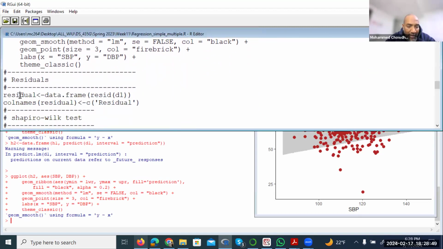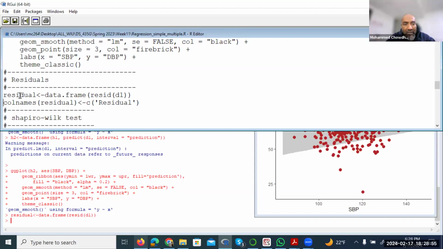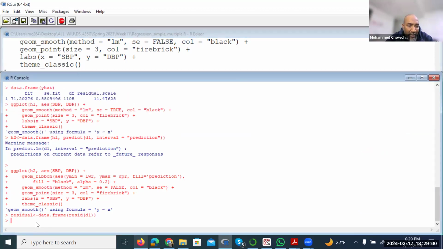And this is the way you can find the residual, the difference between observed and fitted values. The fitted value is coming from the model fitted. So if you write here residual, and then if you write here length, 1100 something will be the length.